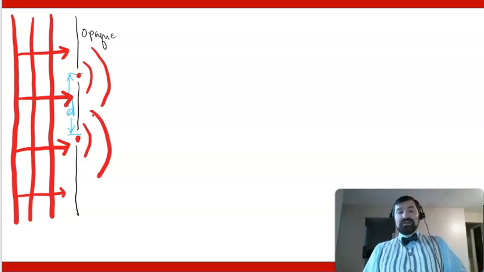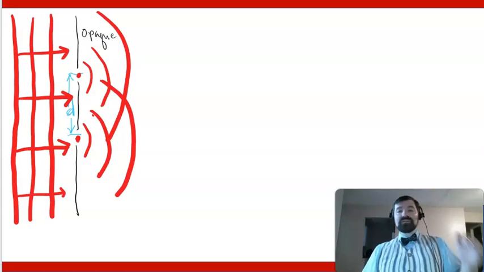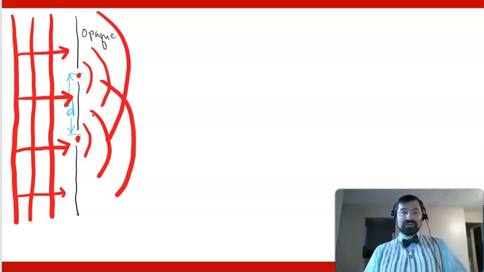Okay, now let's say that the light is allowed to diffract for a very large distance. And by very large distance, what I really mean is we allow them to diffract for a distance that is greater than the slit separation distance by at least an order of magnitude, and probably more. And remember again that the slit separation is larger than the wavelength.